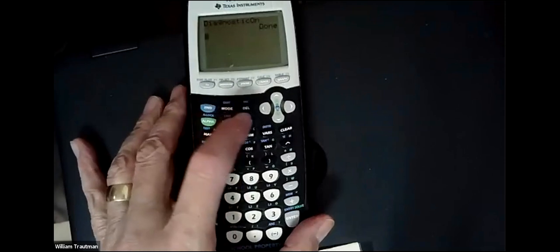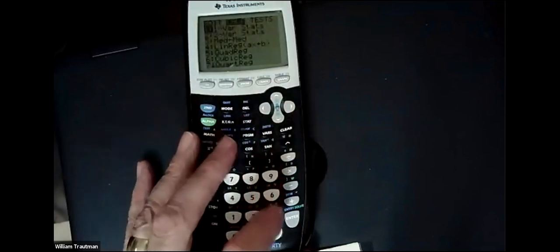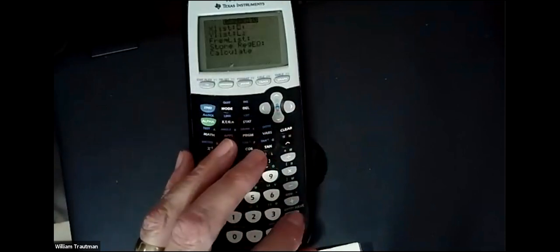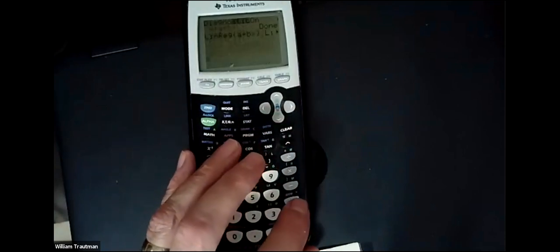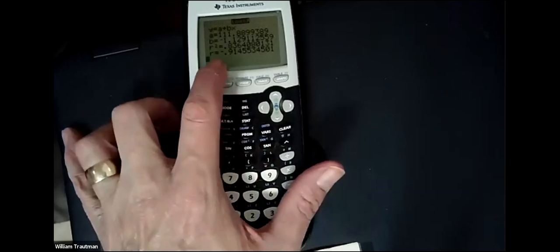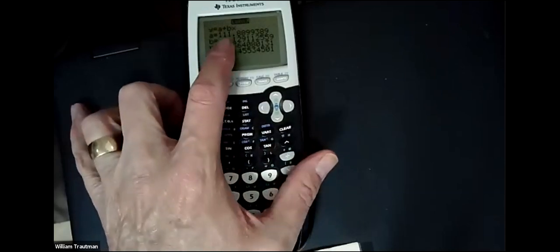It's going to say done. So now when I go to stat calculate number 8, not only will I see A and B, but I will see R also.